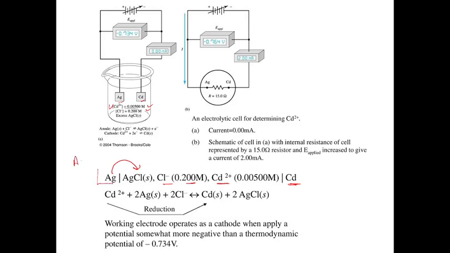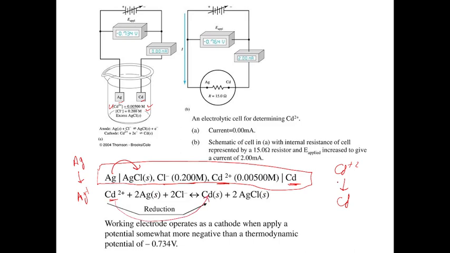This is only the representation of the cell, which we discussed in the last class. Here it represents Ag converting to Ag+, and here Cd2+ converting to Cd. If you add these two reactions, finally you will find Cd2+ converting to Cd, which I wrote here.